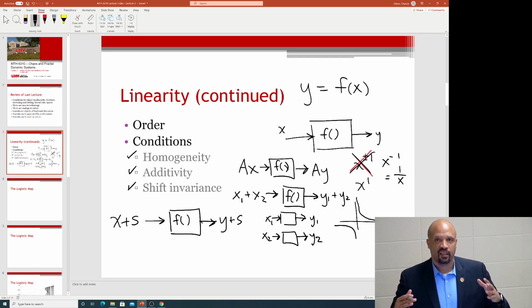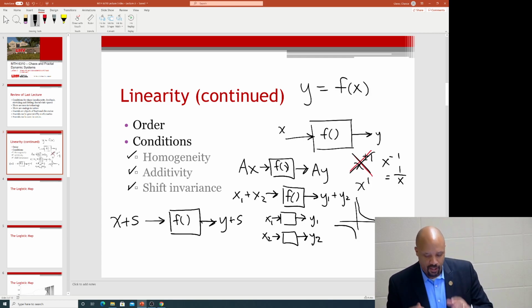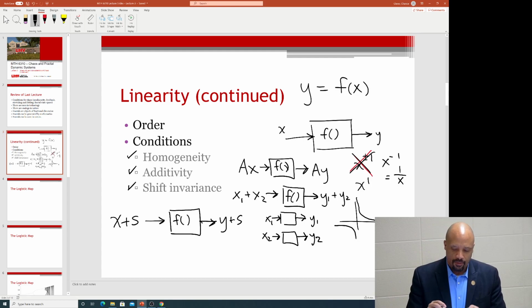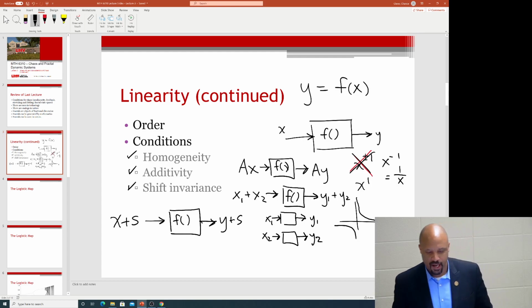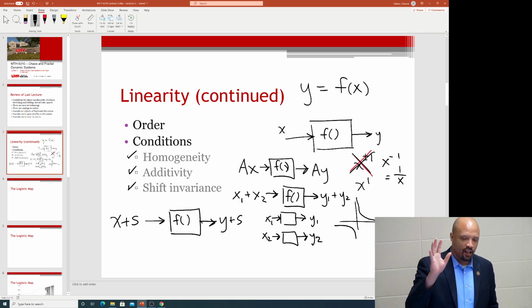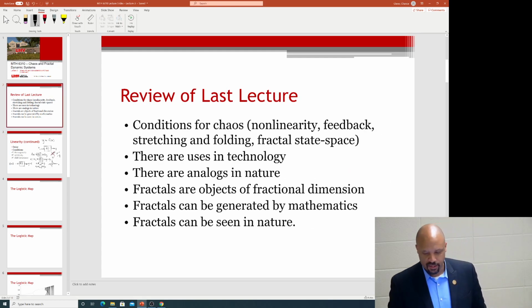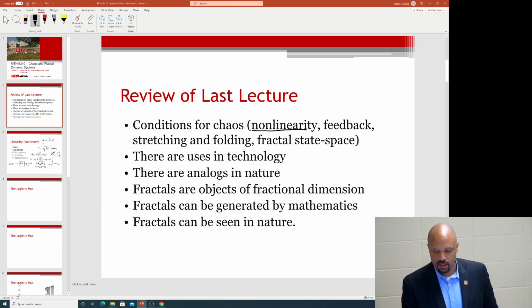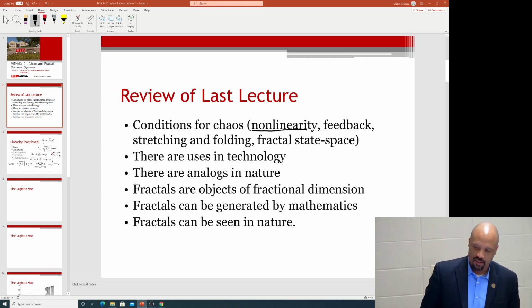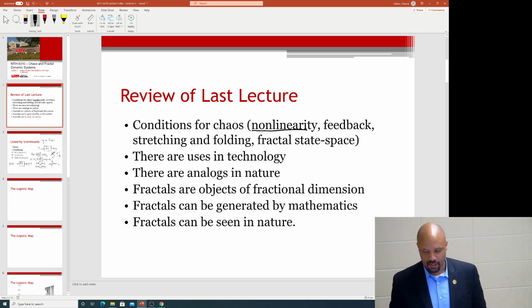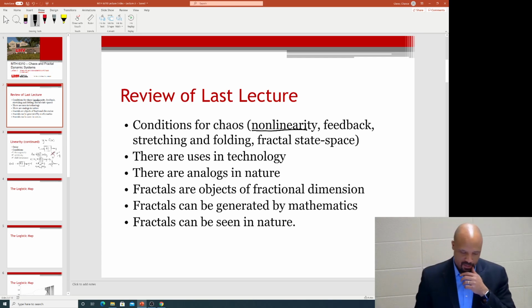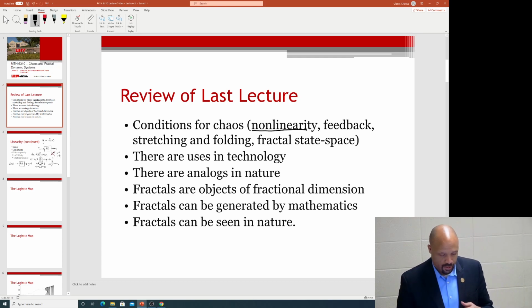But if it does not follow these conditions, then this would be a nonlinear system. And thus, based upon our conditions, it could possibly be a candidate for chaos. Okay? But again, you've got to have these other things in play also for chaos.